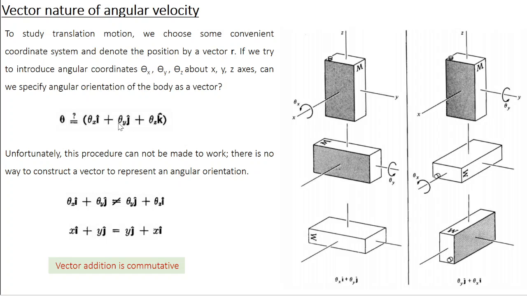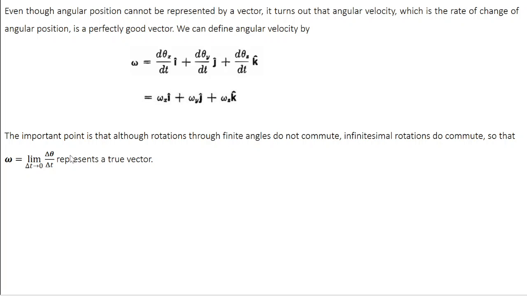However, this is not the end of the story. Even though the angular position cannot be represented by a vector, the angular velocity, which is the rate of change of angular position, is a perfectly fine vector.